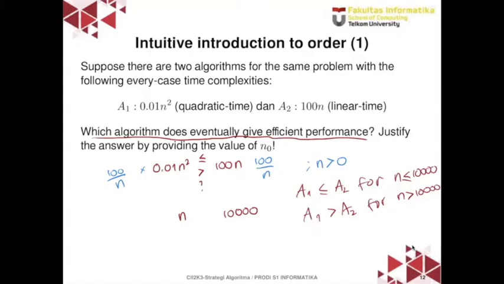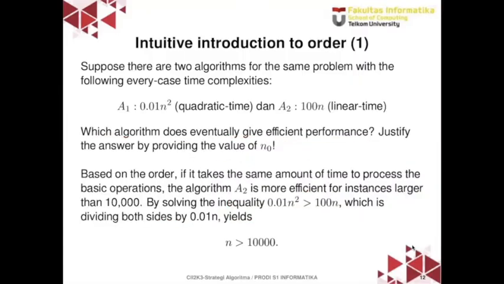So based on the order, if it takes the same amount of time to process the basic operations, the second algorithm A2 is more efficient for instances larger than 10,000.